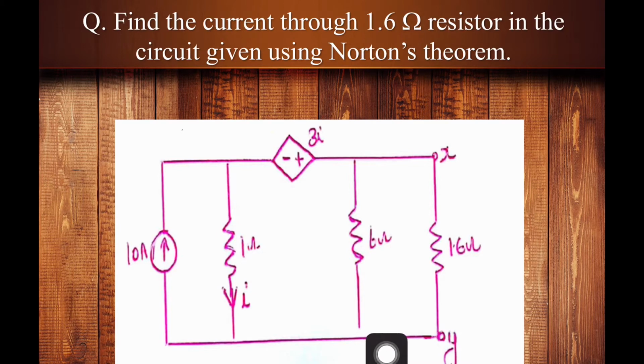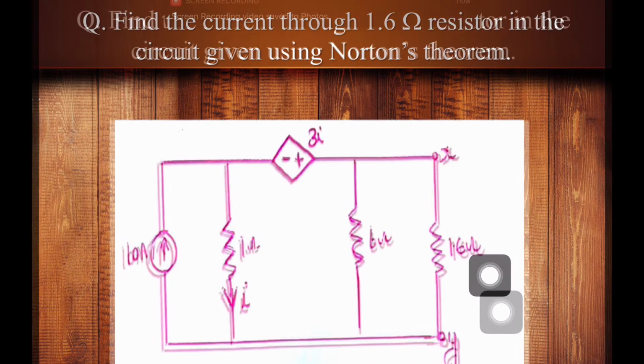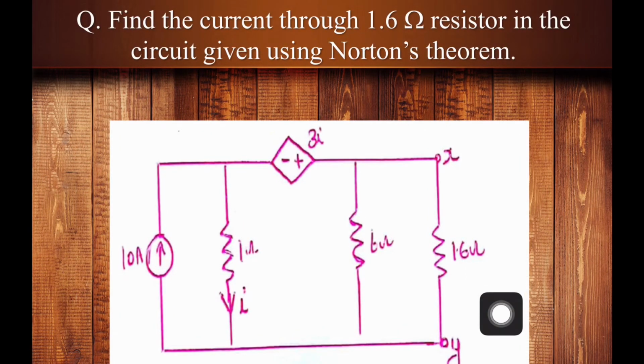In the next step, we replace this portion of the network with its Norton equivalent circuit and then reconnect the 1.6 ohm. Finally, calculate the current through this 1.6 ohm by applying basic network theorems to the equivalent circuit obtained.